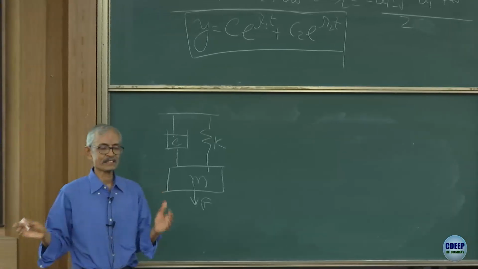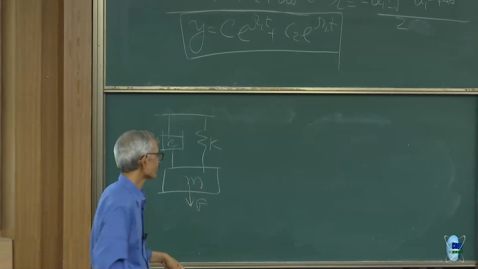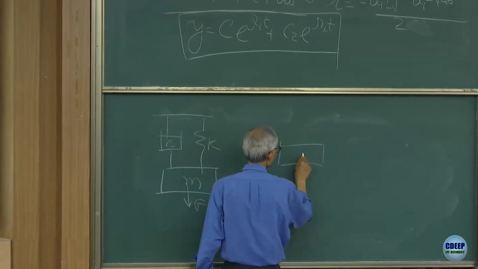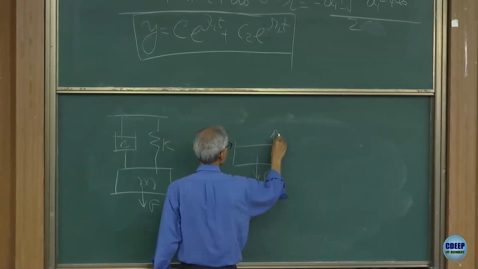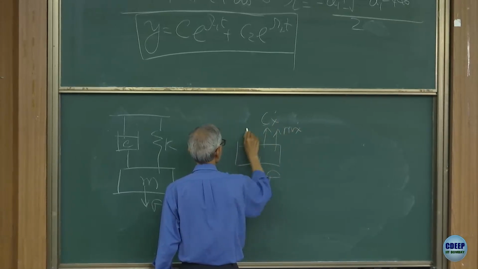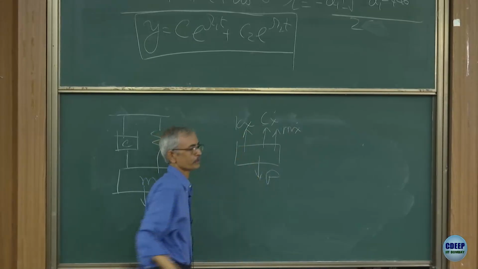And if you go ahead and from your mechanics course, you will see that the free body diagram, there is going to be a force, there is going to be an inertia, there is going to be a damping, and there is going to be a spring force.